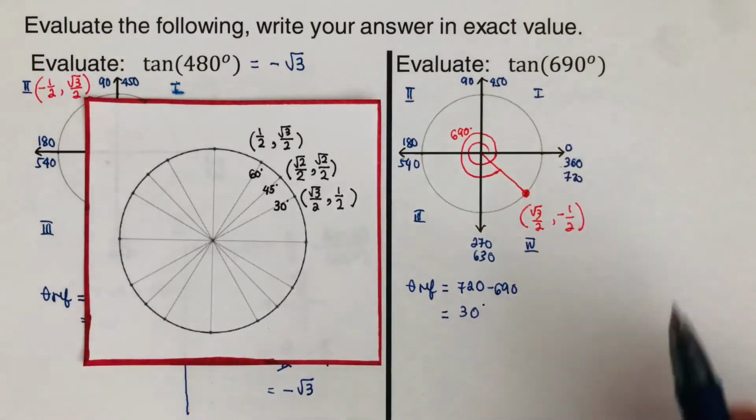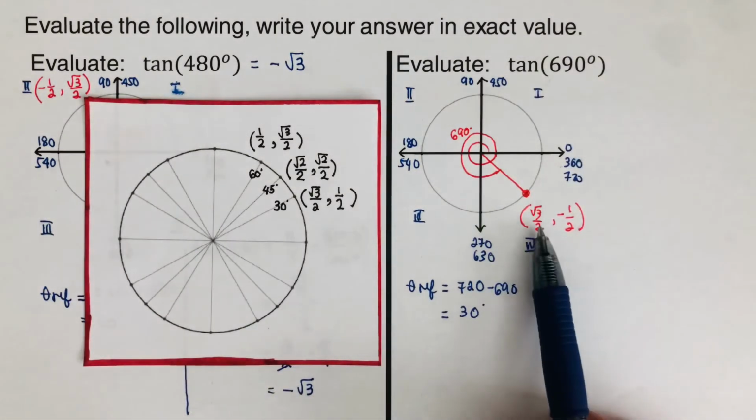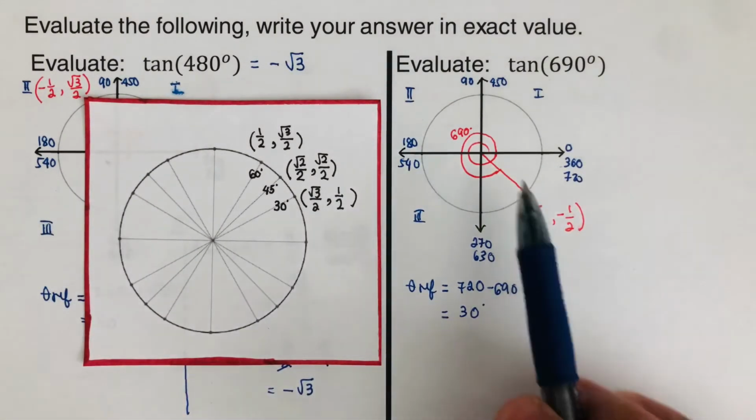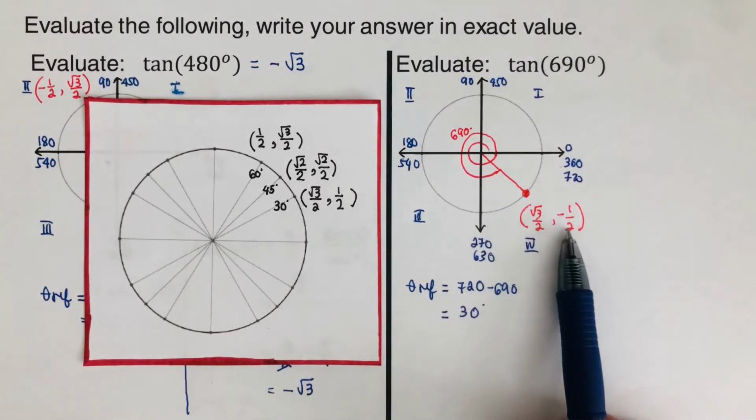So I go ahead and determine the tangent. And please remember that this x represents the cosine of this angle and this y represents the sine of the angle.